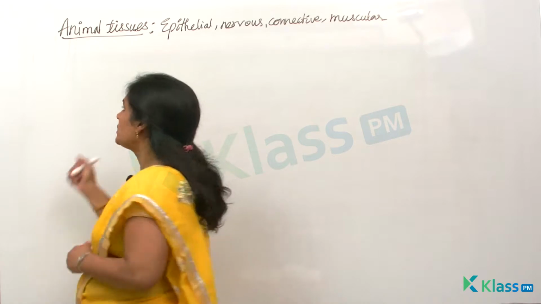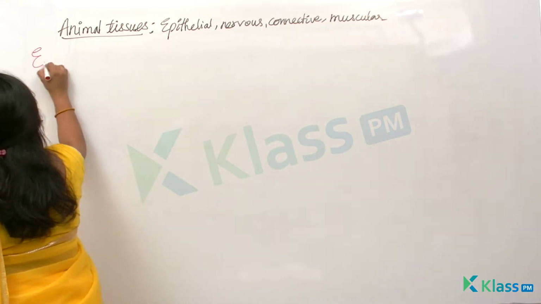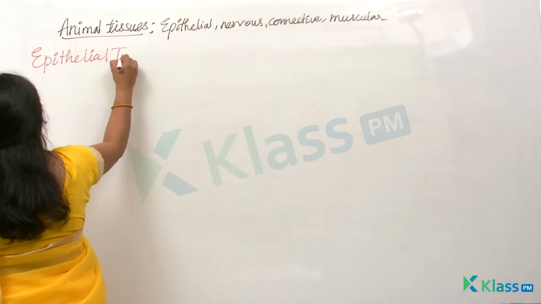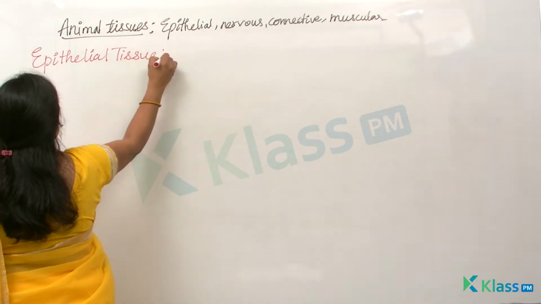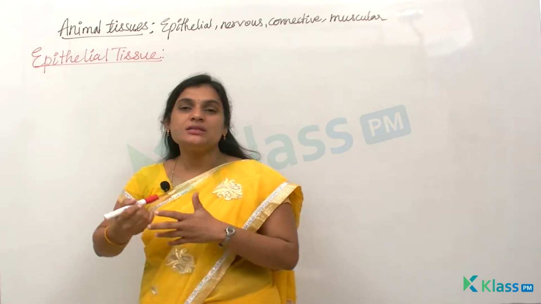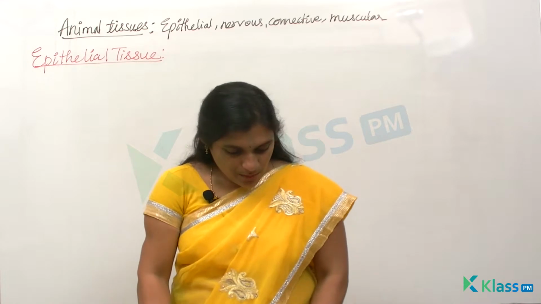First, let us start with the first type of animal tissue, which is epithelial tissue. The name itself indicates it: epi means upon, in the Greek language.